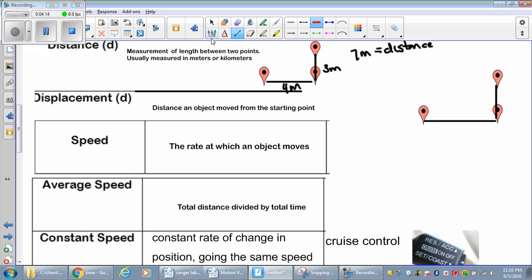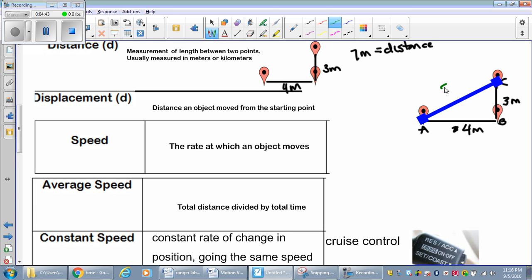So if this was our starting point, A, this is B, and this is C, and I had 4 meters, 3 meters, this right here would not be a displacement of 7 meters. If you use the Pythagorean theorem, because look, we have a triangle now, I'll show you how to do this in the coming days, but just for now, take my word for it, this would end up being a displacement of only 5 meters.